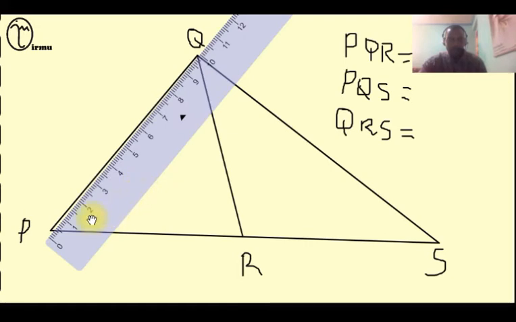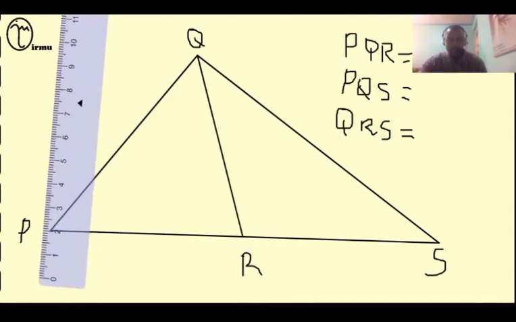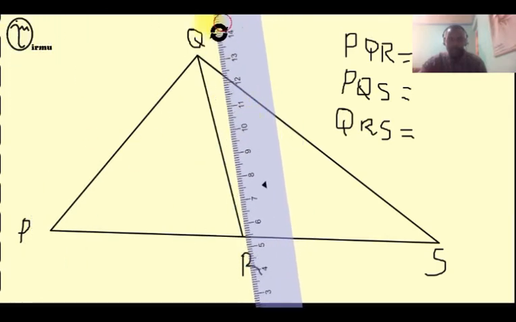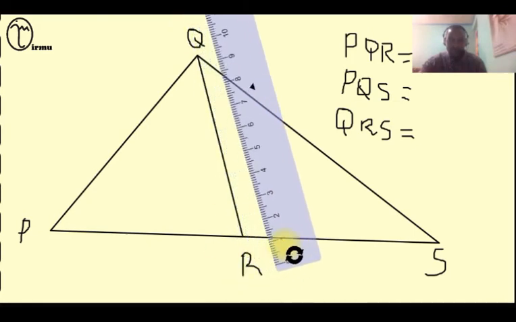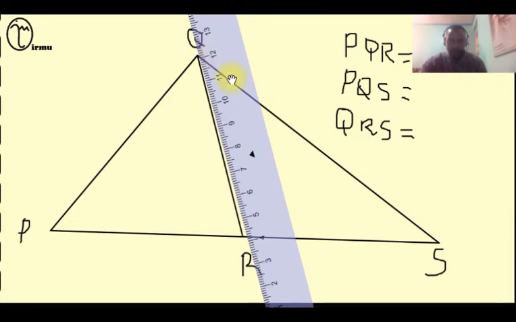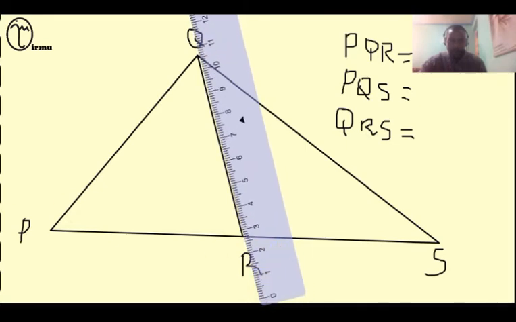It is the one I'm going to use as the baseline. So line QR is what I want to highlight. It's our baseline now. I want just to highlight it so that you can see it more clearly.